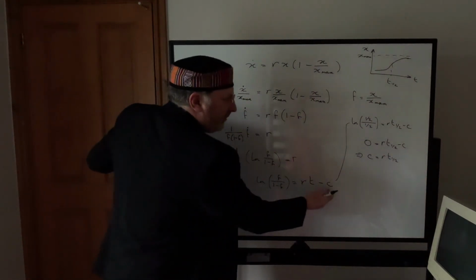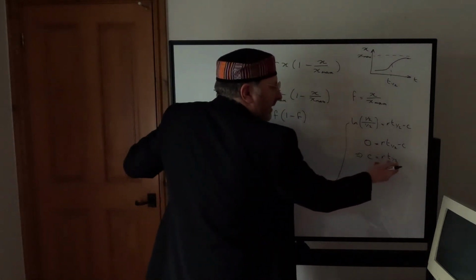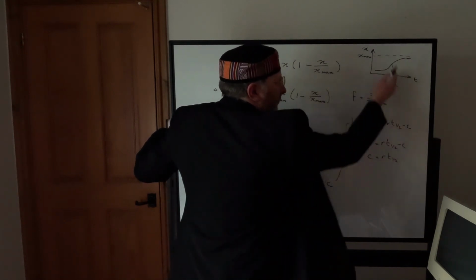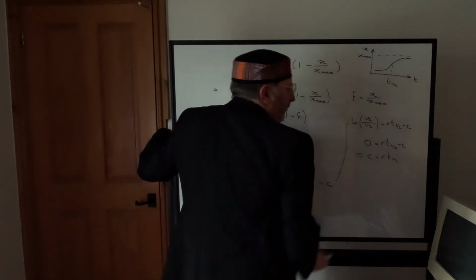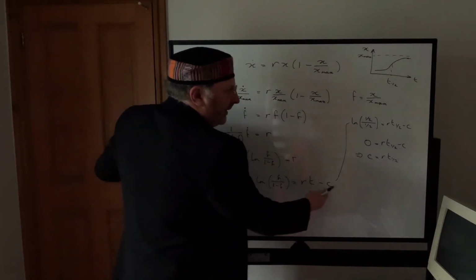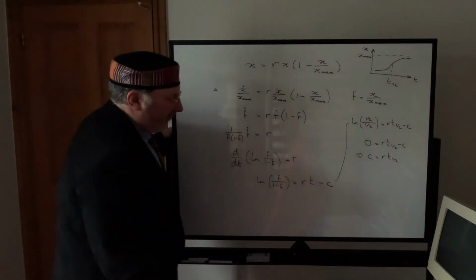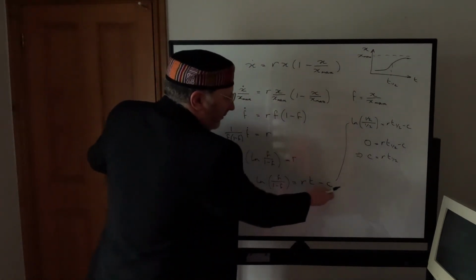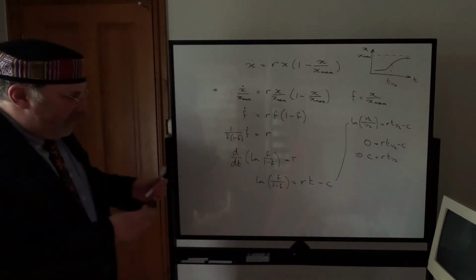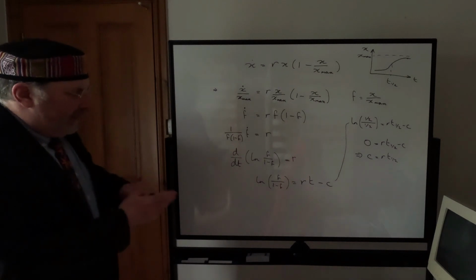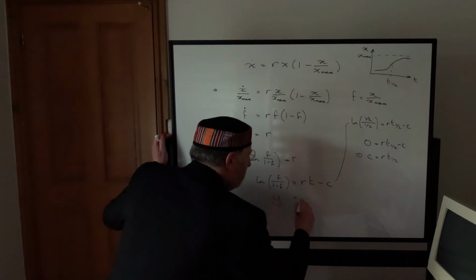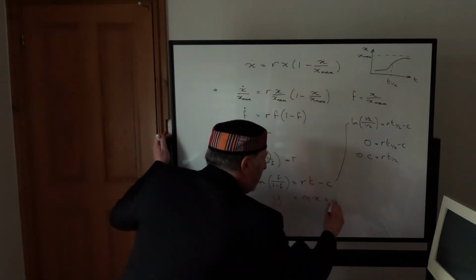So this constant depends upon the time at which it is halfway, and it's just r times that. And you can see why I put it as a minus, because otherwise c would be a negative constant. So it just reminds us that this is actually negative here. And then the point of all this is we can compare this with the equation for a straight line, y equals mx plus c.